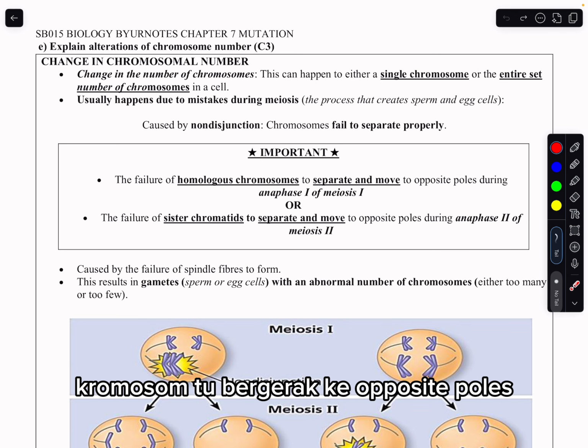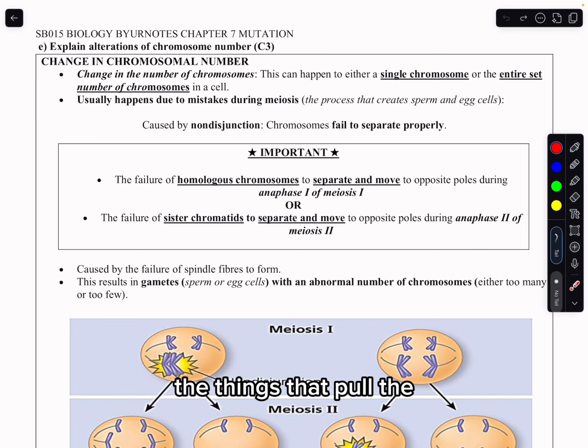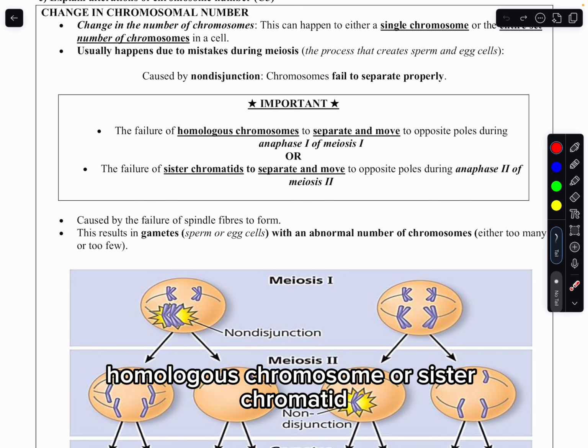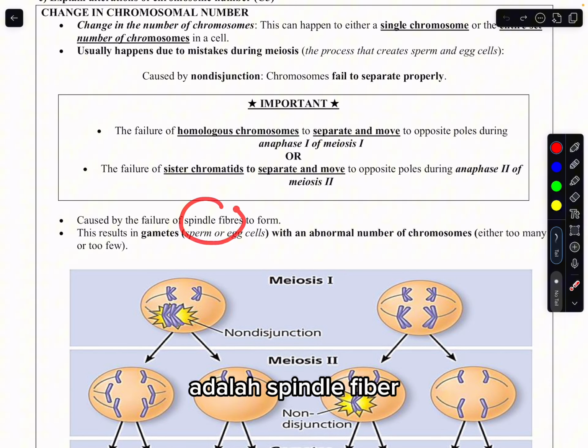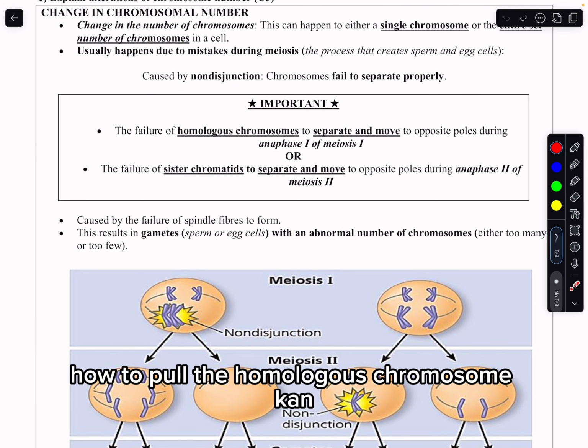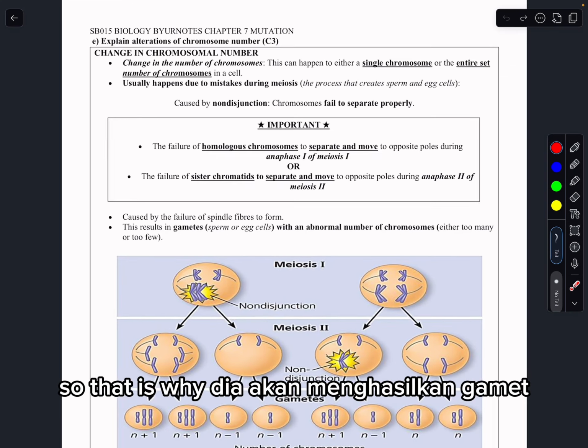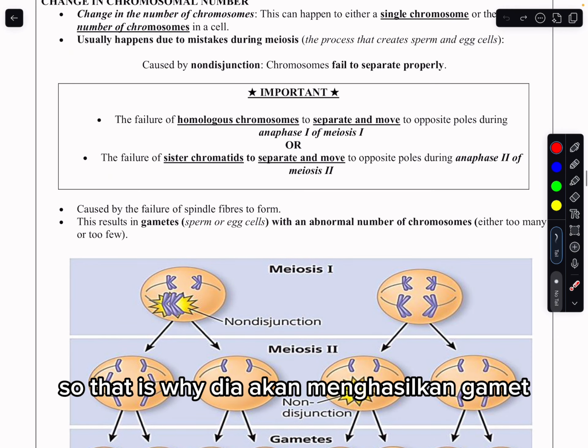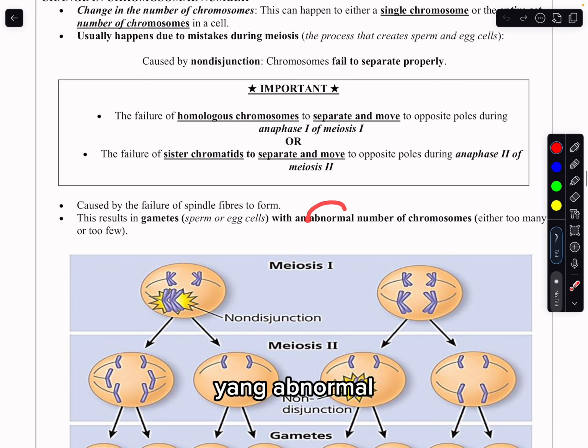Kenapa tidak dapat kromosom tu bergerak ke opposite poles? Because we know the things that pull the homologous chromosome or sister chromatid adalah spindle fiber. Jadi, bila spindle fiber tidak dapat generate ataupun form, how to pull the homologous chromosome and sister chromatid. So that is why dia akan menghasilkan gamete yang mempunyai nombor yang abnormal. Dia boleh jadi kurang ataupun terlalu banyak.